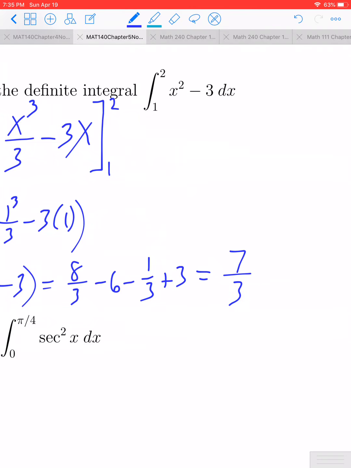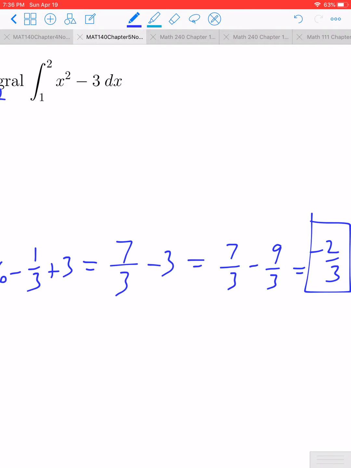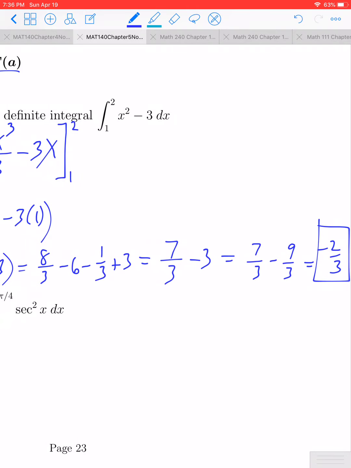Negative 6 plus 3 is negative 3. And then if we go ahead and subtract, getting common denominators, we would have 7 thirds minus 9 thirds, which will end up giving us negative 2 thirds. So the value of this definite integral would be equal to negative 2 thirds.